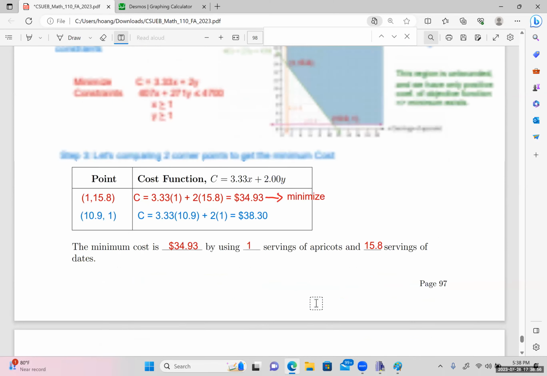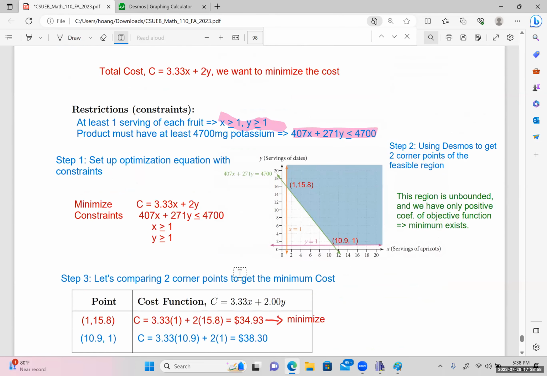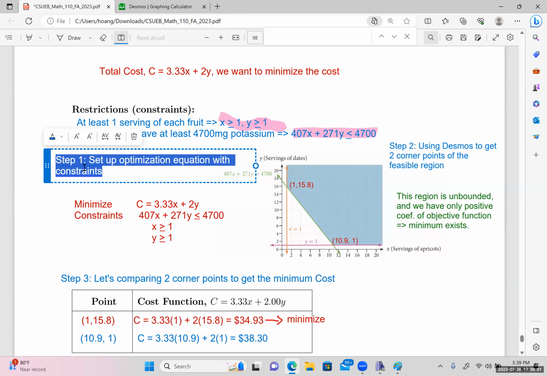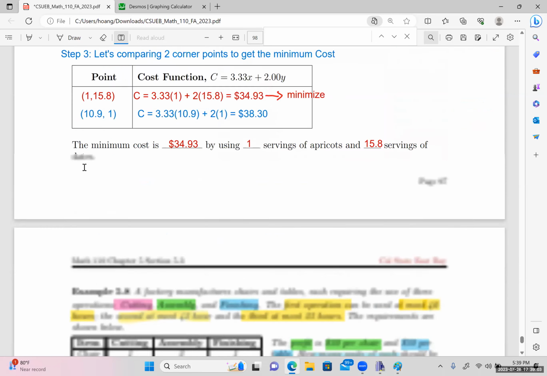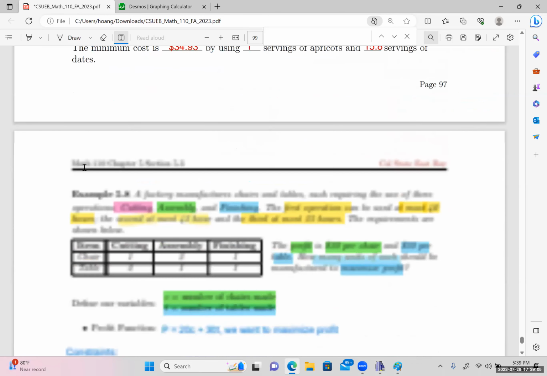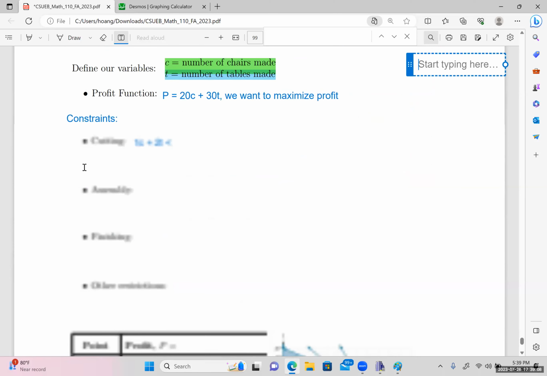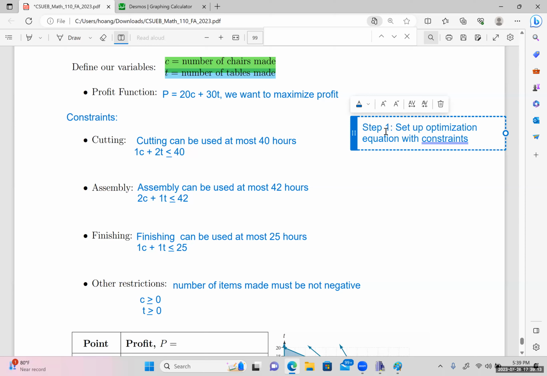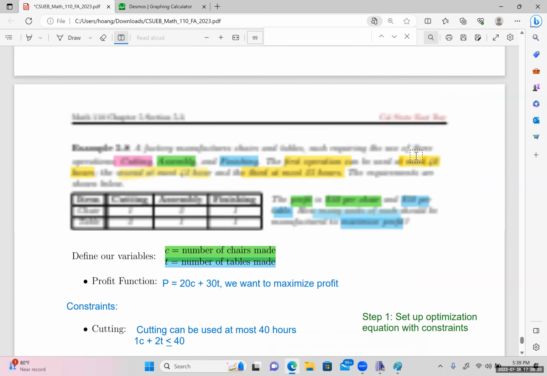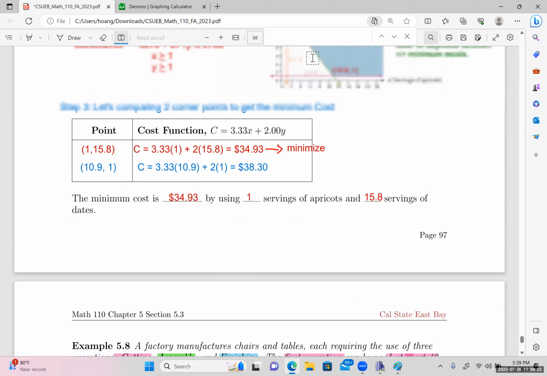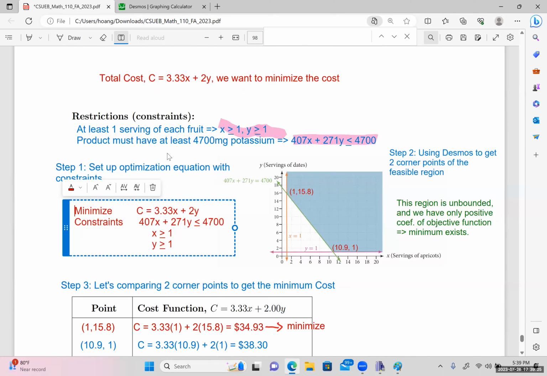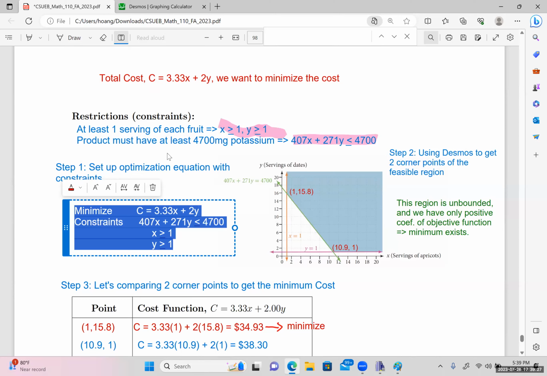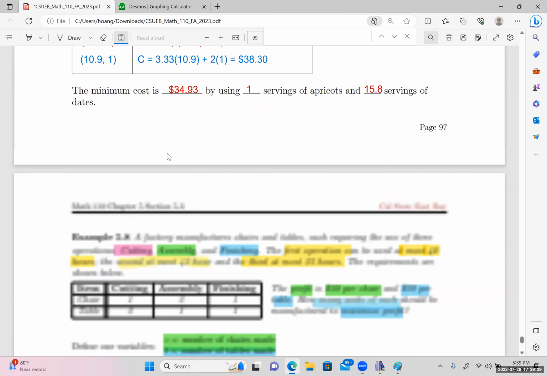I will set up the optimization equation with constraints over here.